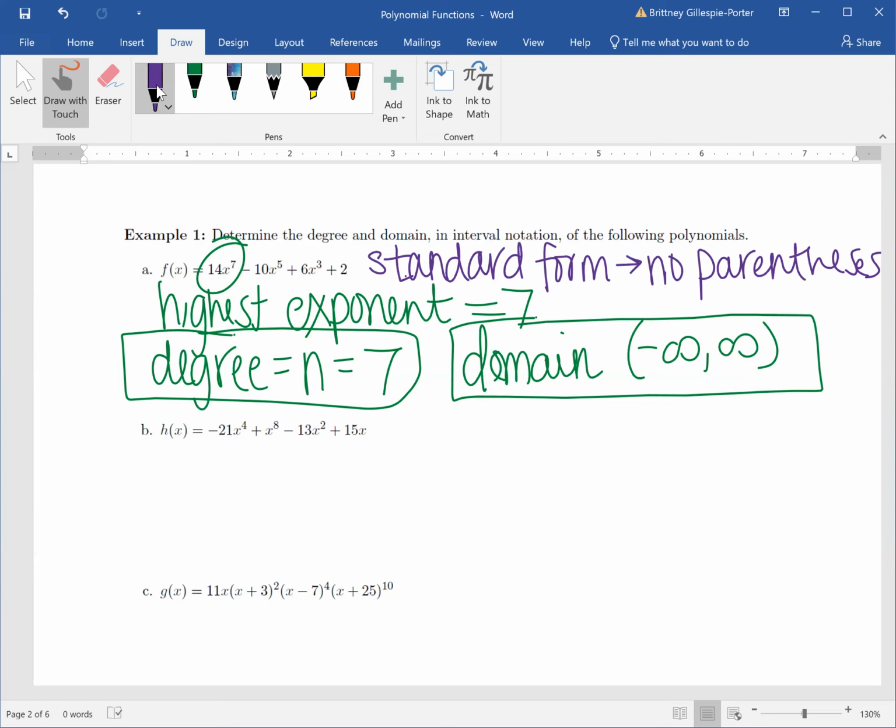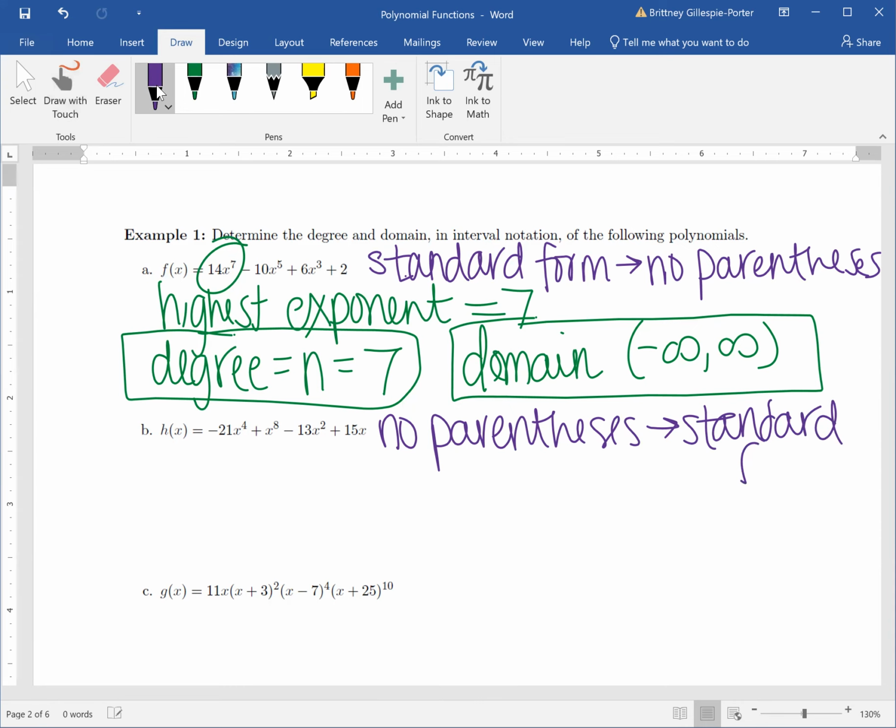Okay. Let's look at our next one. You have to ask yourself, do we have standard form or factored form? Because we have no parentheses, again, that means that we have standard form.